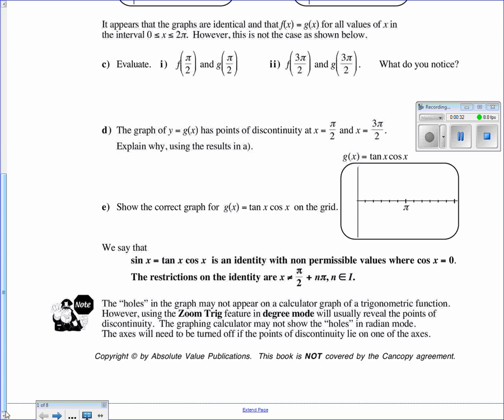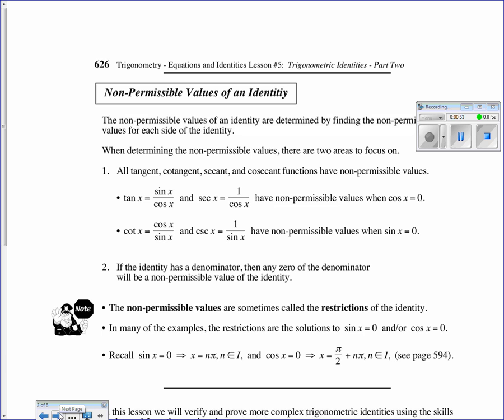So the identity, the policeman's down here at the bottom, the identity that sine x is equal to tan x cosine x is true if I consider that cosine x cannot be 0, which would happen at pi over 2 and jumps of pi. So some suggestions.